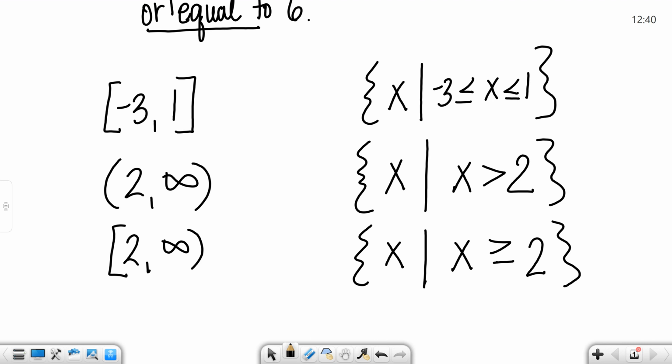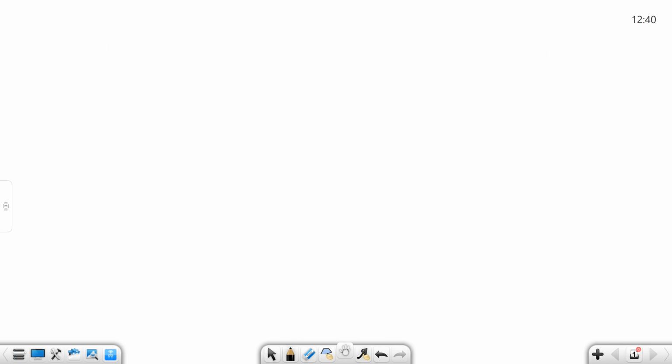All right, so the next thing that we're going to look at is some domain and range, so you can see how this actually applies to having to use it to do a problem. So let me draw you a couple of graphs and we'll talk about domain and range.